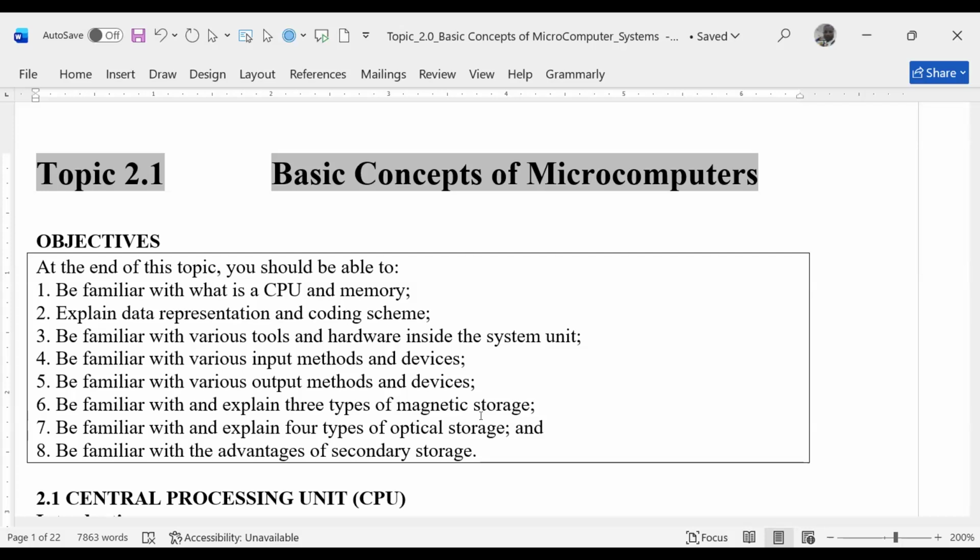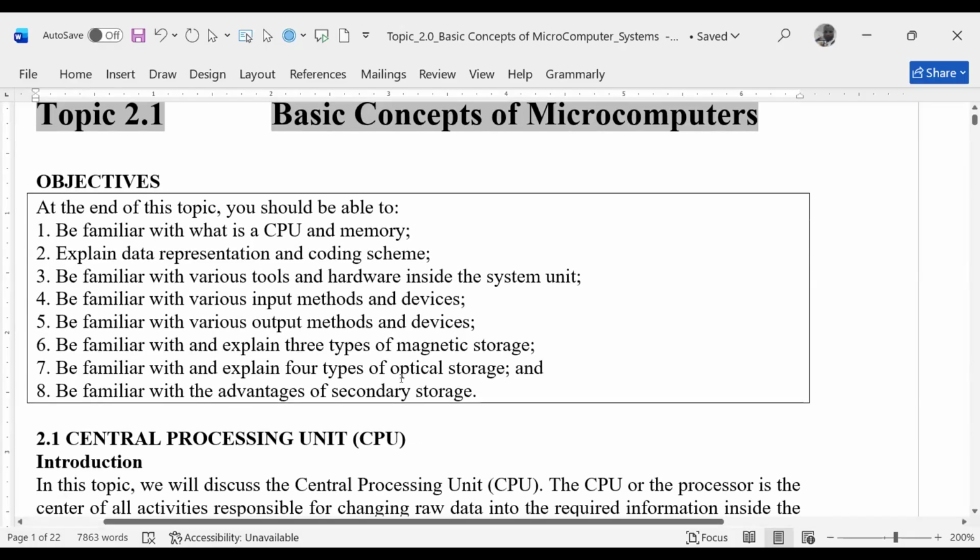Okay, then we continue. At the end of this session or topic, you should be able to understand, identify, as well as describe the various components associated with microcomputers.